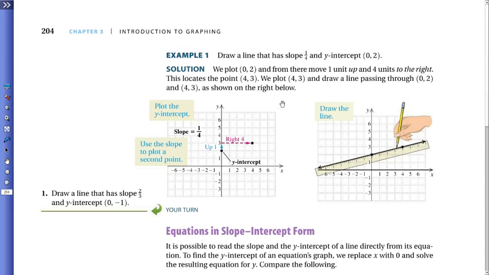And if I have a slope of 4, I can say, how do I get to the next point? Well, I go up 1, a positive 1, and to the right 4. And I end up at this new point right here that I don't really even need to know what the ordered pair is. All I have to do is draw a line through those 2 points, and I have my graph, right?